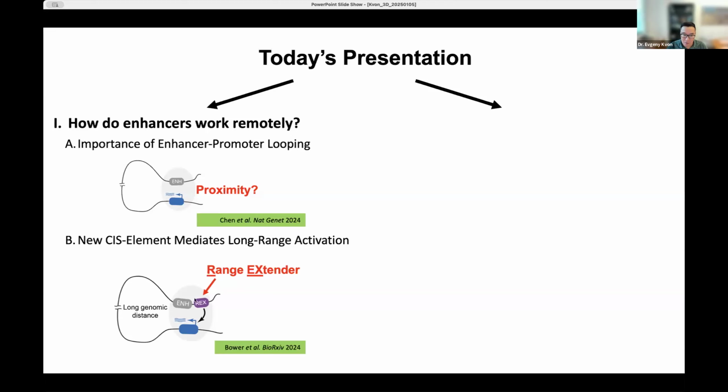I'm going to cover two of our recent studies where we assess the importance of enhancer-promoter looping in developmental gene activation, and another study where we uncover a new kind of cis-regulatory DNA element that seems to be critical for mediating long-range enhancer activation.